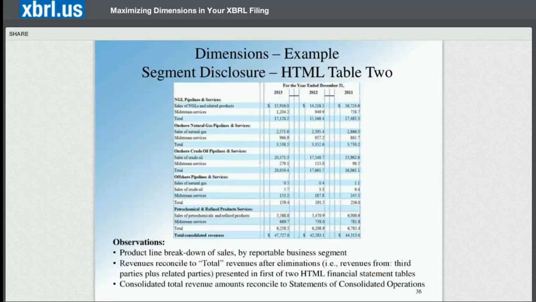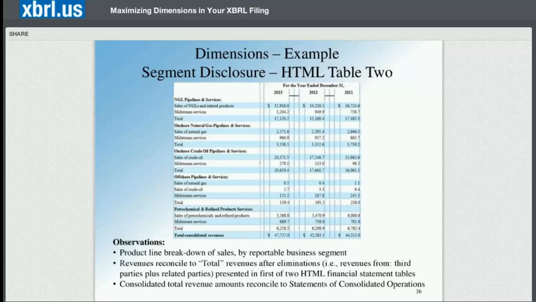But I thought that because these components are separate, it would make for a good exercise, because not only do they report this, they also report the breakdown of the sales by segment by the type of product. So it's products and services breakdown. Now, these are two physical tables in the same set of financials in the segment disclosure of those financial statements in printed form, the HTML financials.